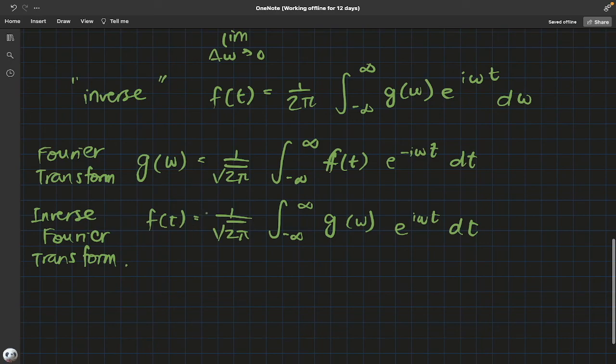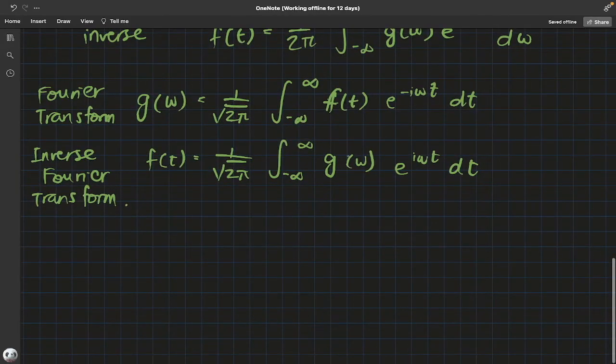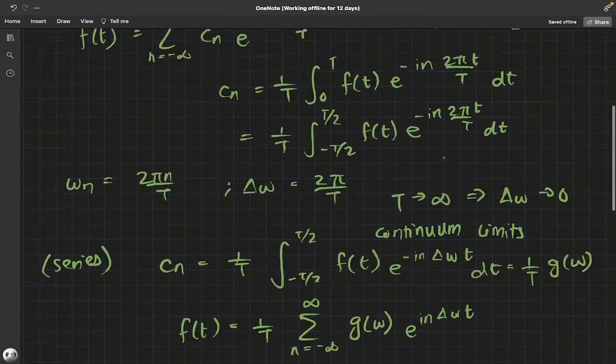But instead of just having this small window, if we use this definition of g, then this integral is going to mimic f of t over the entire interval from minus infinity to infinity. So it's essentially f of t itself. It's not f of t on a small interval because we remove periodicity by taking the time period to infinity.